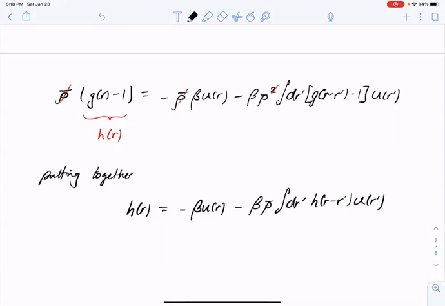We have a self-consistent expression for the radial distribution function less minus 1.